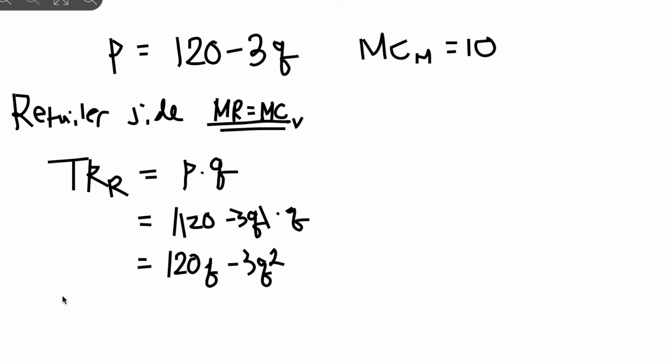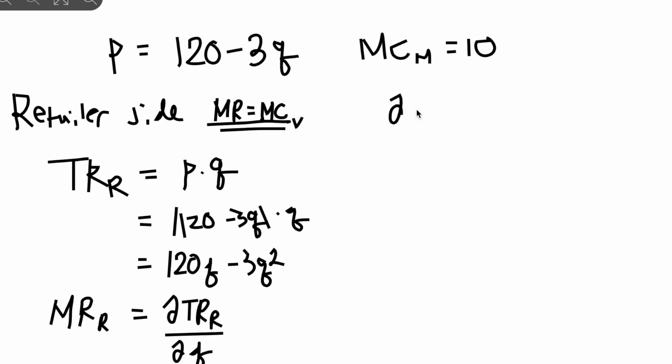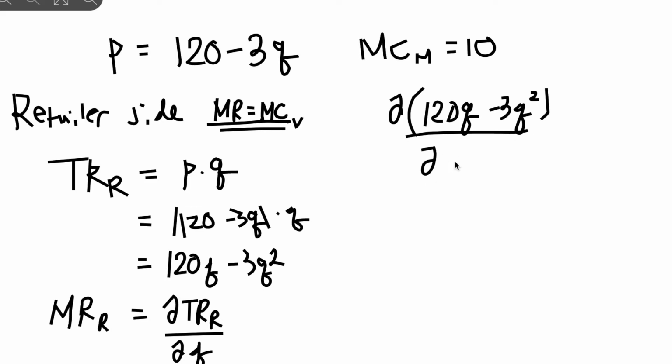Okay, so we have total revenue like that, and then we get the marginal revenue of the retailer, which equals the partial derivative of the total revenue of the retailer with respect to quantity. So we want to take the derivative of 120Q minus 3Q squared with respect to Q. So we get 120 minus 3 times 2 times Q to the power 2 minus 1.